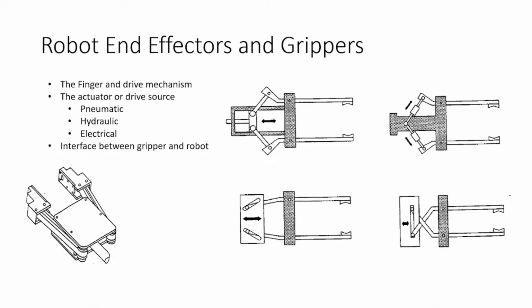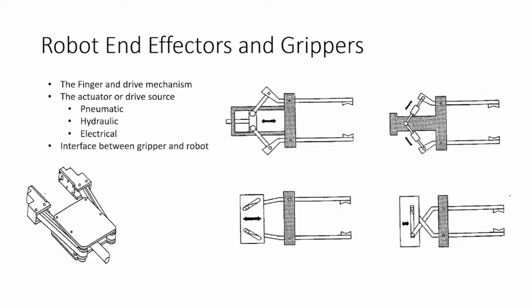So first is the end effector. The end effector consists of fingers and a drive mechanism. The drive mechanism requires a power source, and the power source is of three types: pneumatic, hydraulic, and electrical.